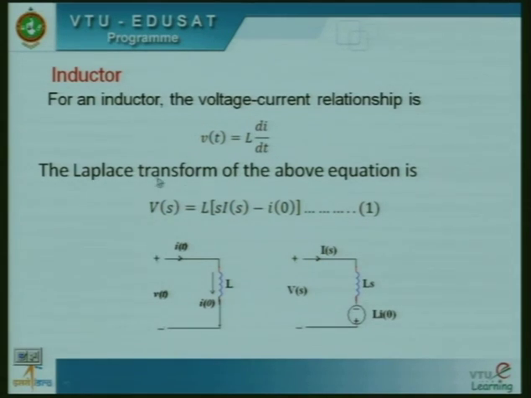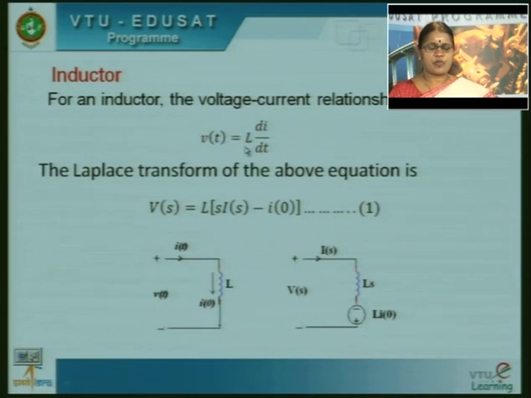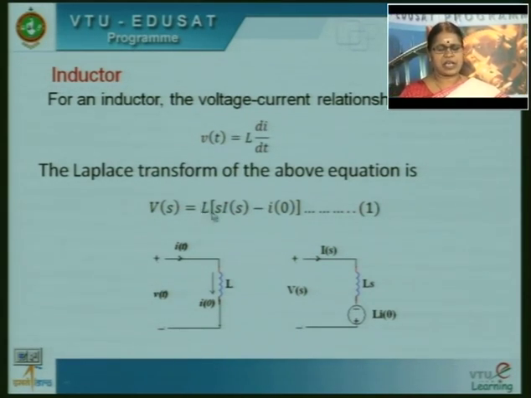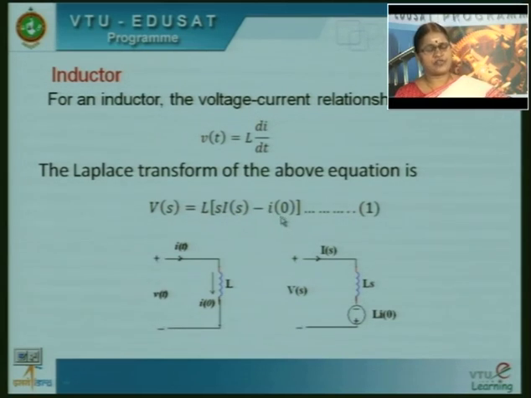Now, if I take the Laplace transform of this equation, we know the Laplace transform of L di by dt is L into S into I of S minus I of 0. So, V of S is equal to L into S into I of S minus I of 0.